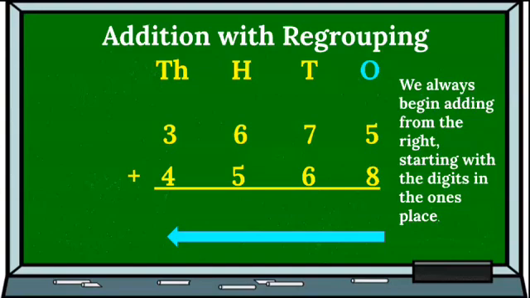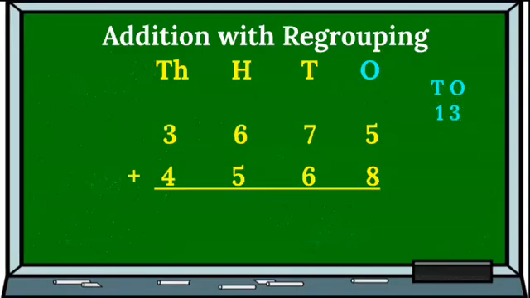So we're starting with our ones, 5 and 8. 5 and 8 give us 13. So here we have 13, each digit in its place value, tens and ones.